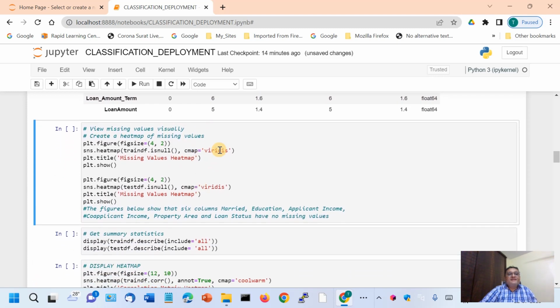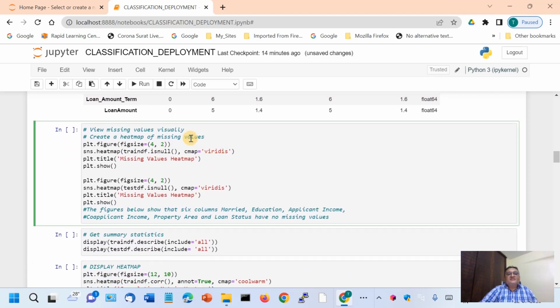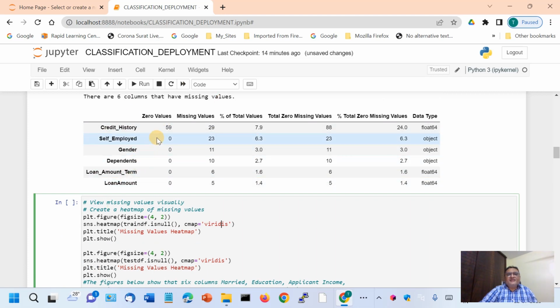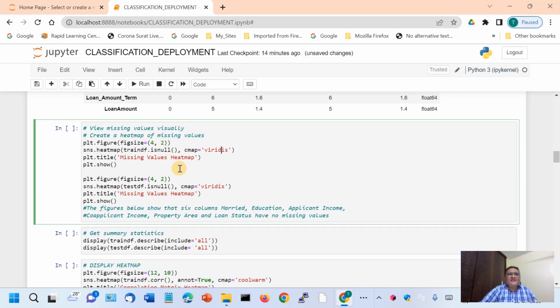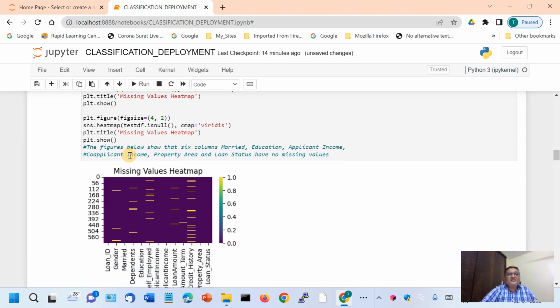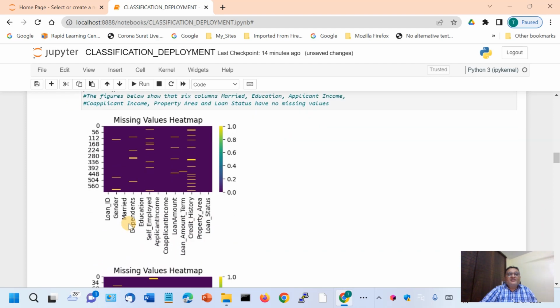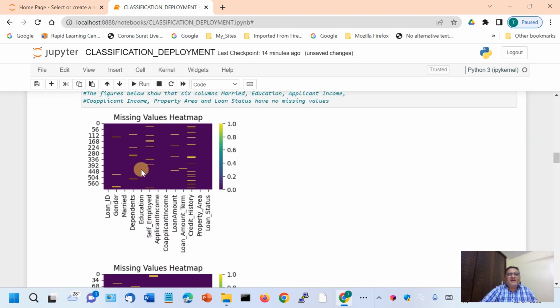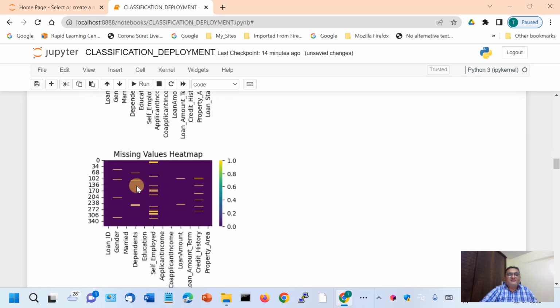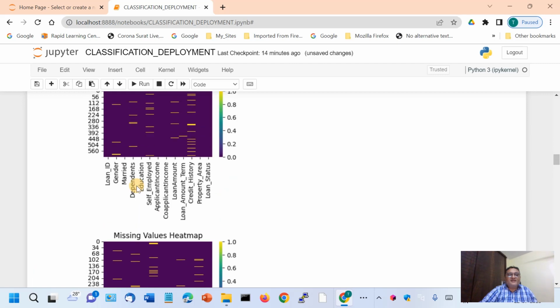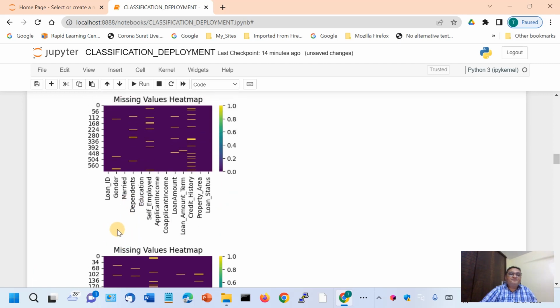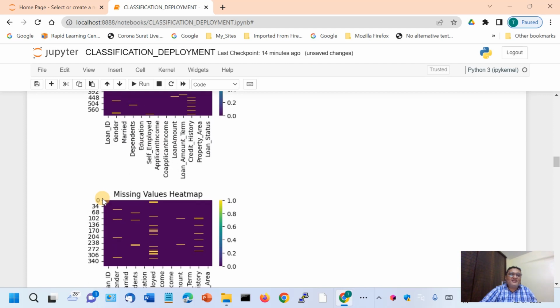Now, this may not give a clear idea to some people, then we can even visualize this. So this is how first you can create missing value heat map for train DF and missing value heat map for the test DF. You can see that loan ID does not have any missing value.